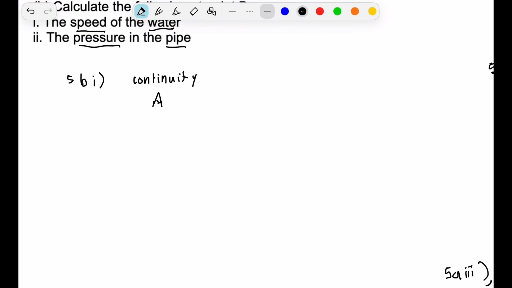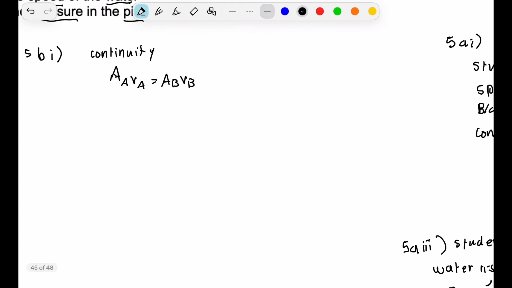So that's going to be area A times our volume A is equal to area B times volume B. And because we have a circular pipe, because we were given diameter, we can assume that it's a circle. Area is equal to pi times the diameter divided by 2, squared.